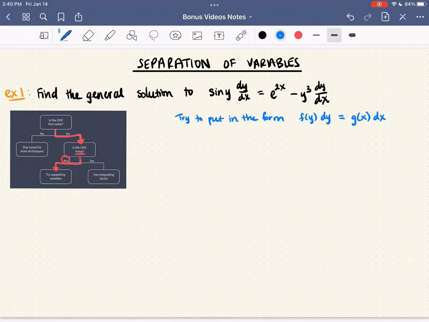The reason we're doing that is because we then want to integrate both sides. And because each side only depends on one variable, we can just do our usual integration. So let's go ahead and try to do that with this differential equation.